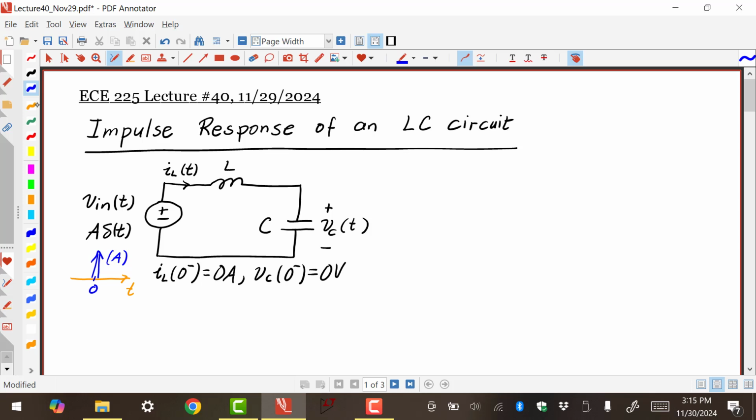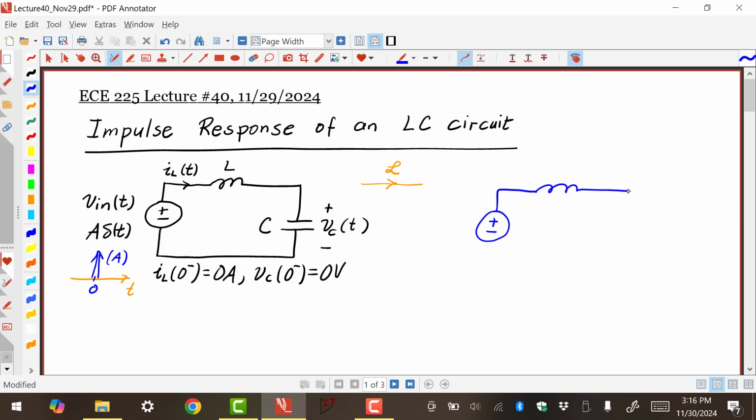So once I have the circuit, I want to solve for, for example, the inductor current, the capacitor voltage, the state variables. I go ahead and apply the Laplace transform to the entire circuit. That will result in a simple circuit that looks like this.